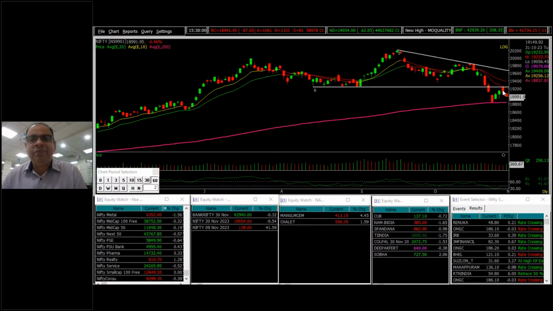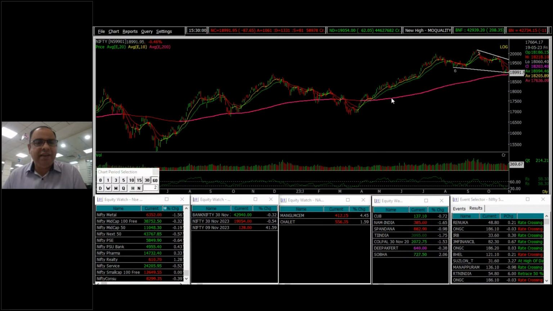I am expecting some further downward weakness for Nifty, and the important support of 18,850-18,830 levels, which is the 200-day EMA, is expected to be reached or slightly broken below. In the past also, we have seen Nifty taking support and resistance from this moving average. You can see it over the last year, from May 22.